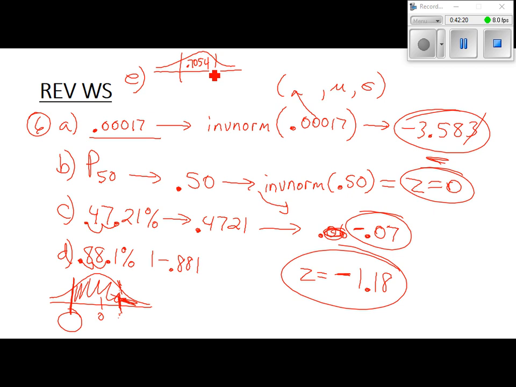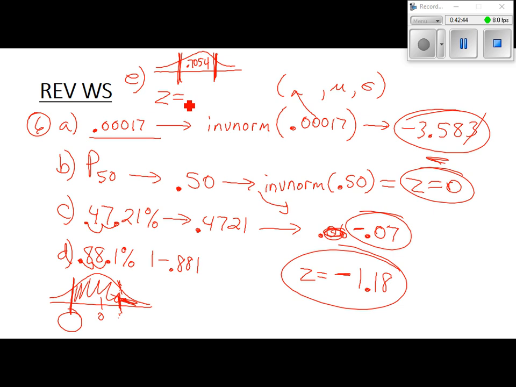How are we going to find these 2 z-scores? We know what's in between. What do we need? We need the 2 ends, right? How are we going to find those? Well, subtract that from 1. What's that answer? That would be 0.2946.